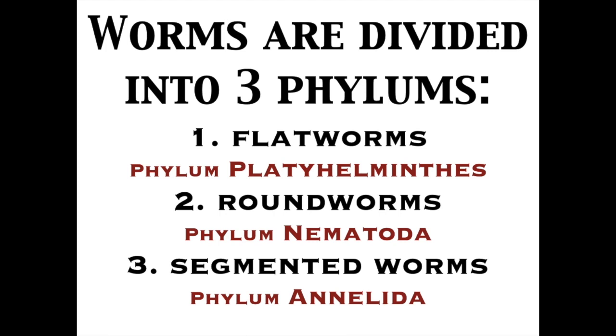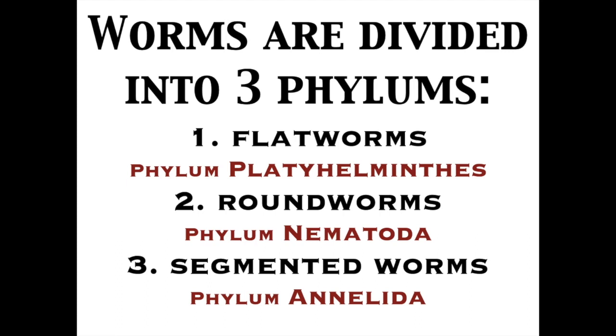Then we have roundworms, which is Nematoda. Now, when you say the word Nematoda, think of O, that focus is on the O. That O looks round. This is a hint for Nematoda are roundworms. You also have 2 O's in roundworm.